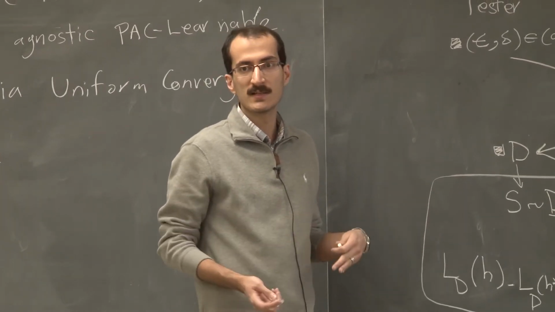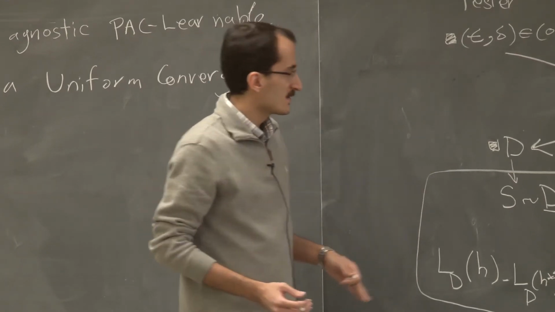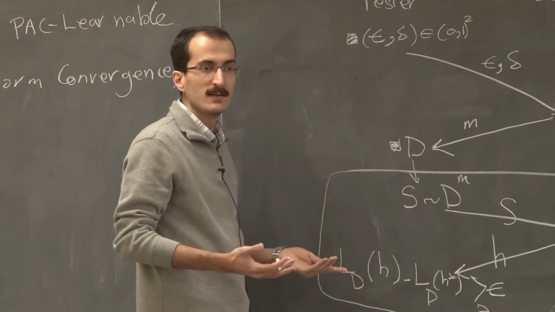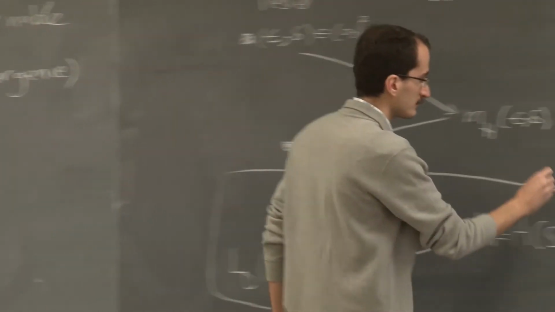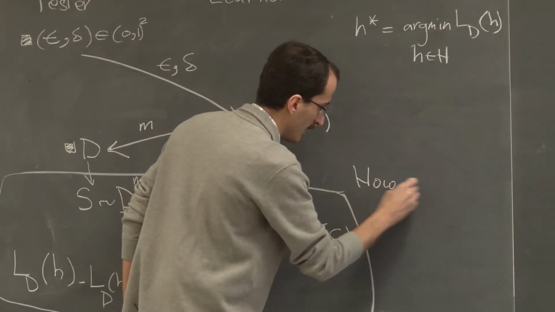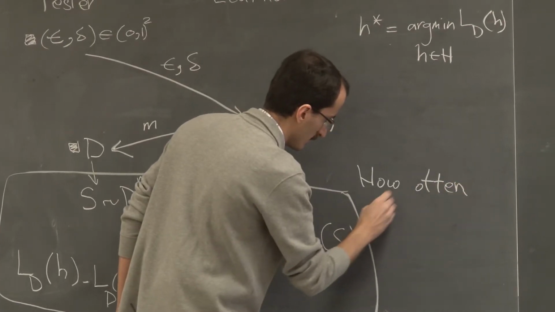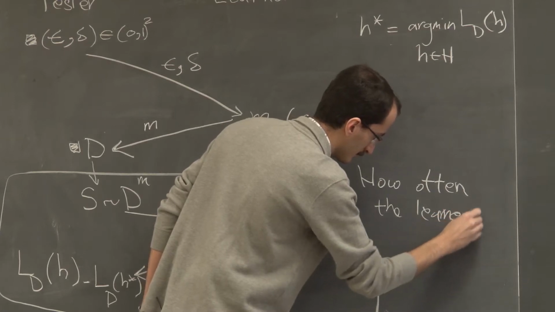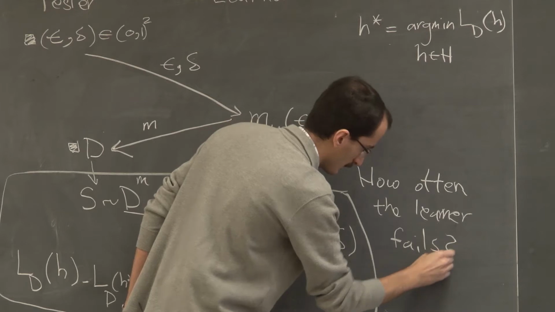If we do it multiple times, sometimes it's successful, sometimes it's not. So with respect to this distribution, the question is how often the learner fails.